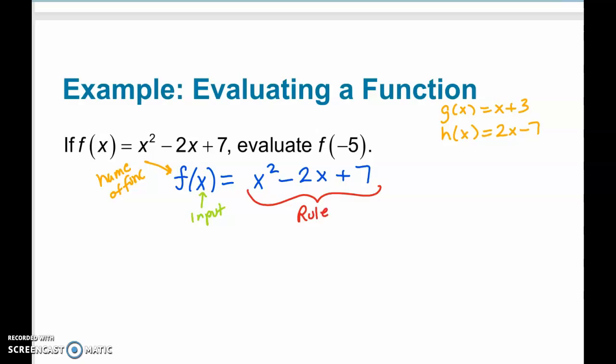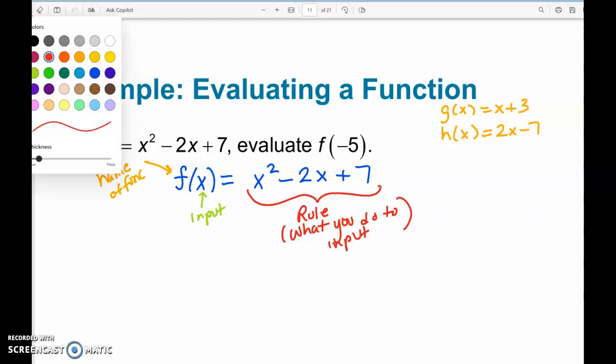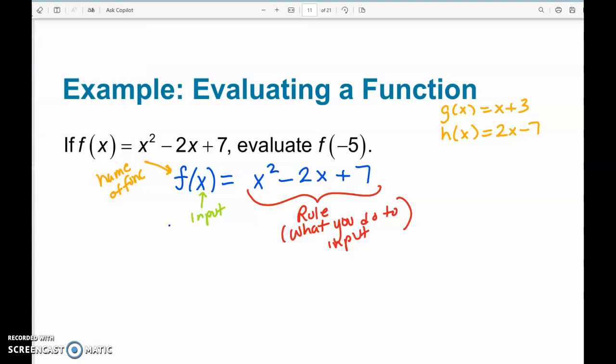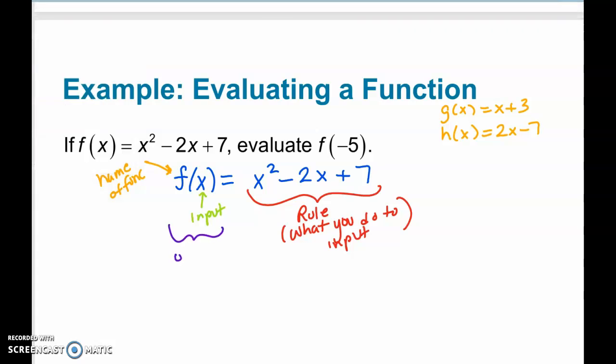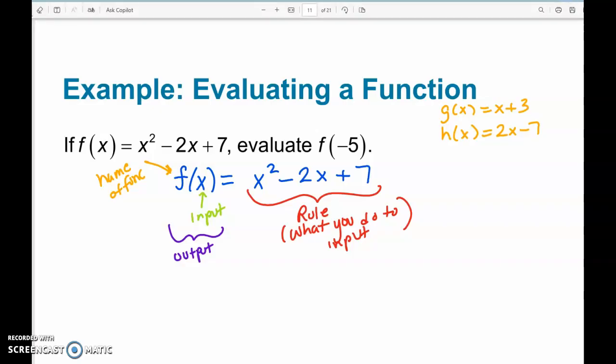This is the rule. It tells you what you do to the input. Once you perform that rule, you're going to end up with an output, and that is our y, or when we write it in function notation, the f of x.